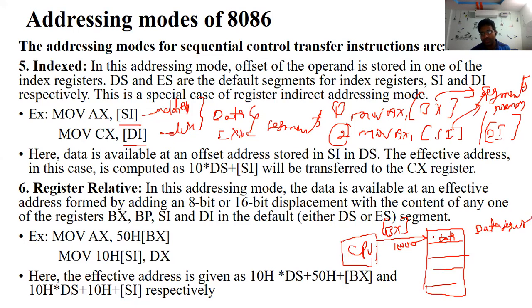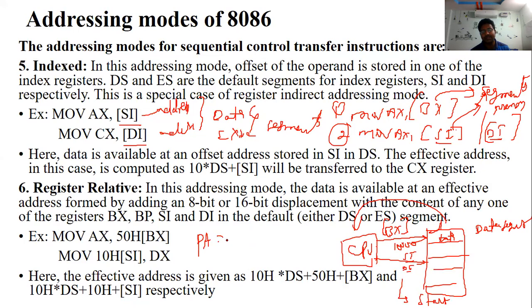That address location goes to the CPU, and the value comes back from memory to the CPU. But SI and DI indicate the starting address of the segments, or store the segment address. But what is the BX value?